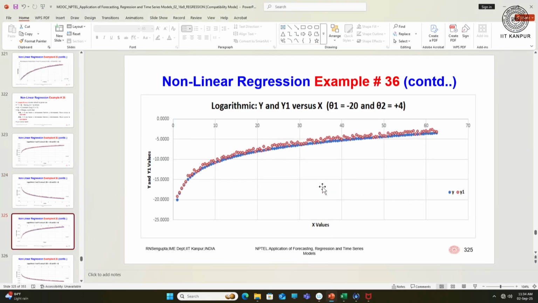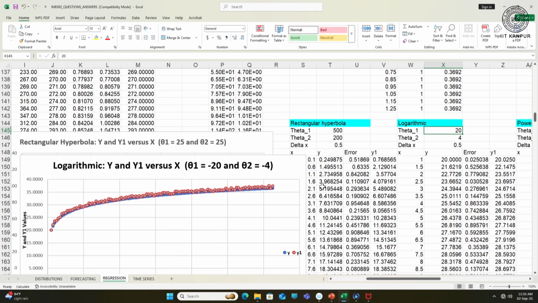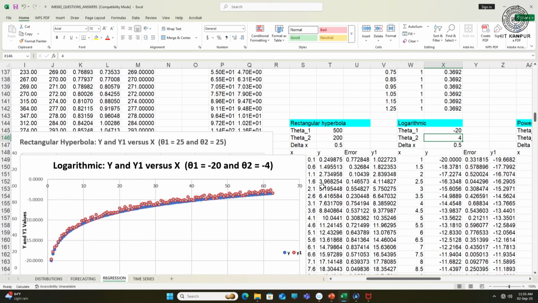The next case is a negative theta 1, which is minus 20, and a positive theta 2, which is plus 4. Let us do it. This is plus 4, this is minus 20, and you get this curve. As I keep changing the values, the curves are plotted immediately, and as you have this simulated data and the Excel sheet in front of you, you can generate the data and find out many things.